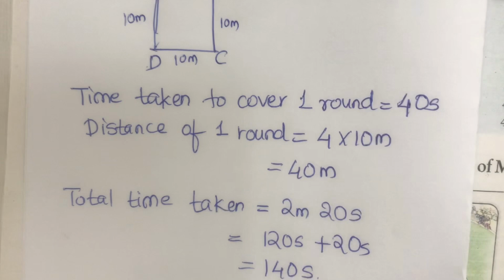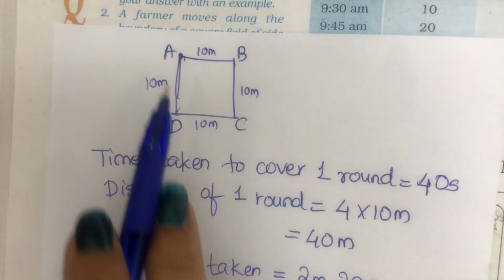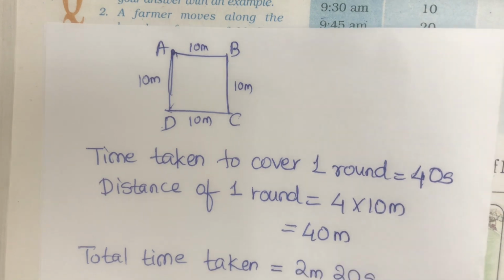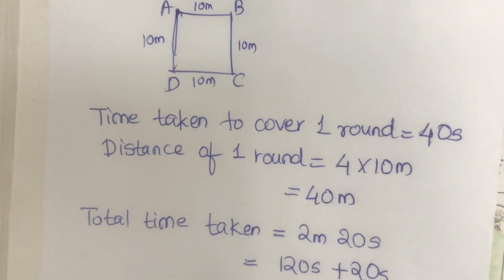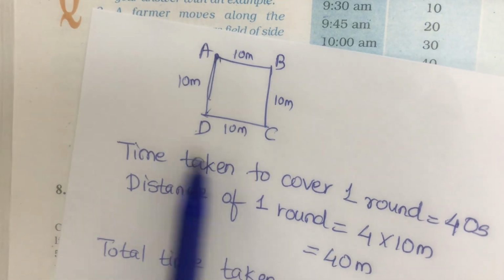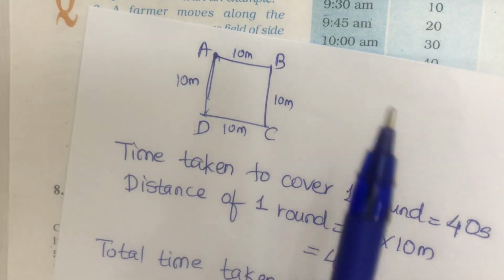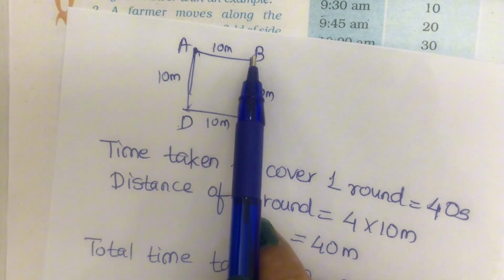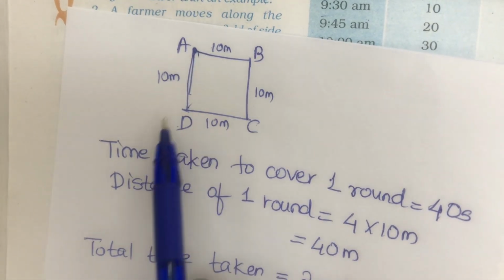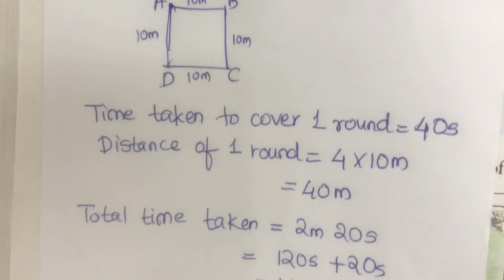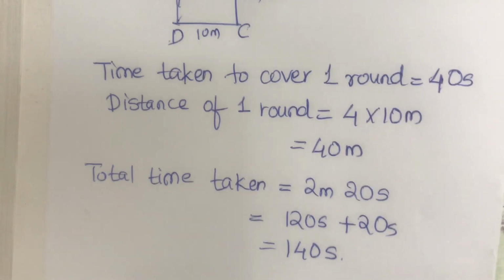So the total time taken by the farmer is 140 seconds. The farmer started from here and is moving, and he reached somewhere in the field in 140 seconds. It can be here, it can be here, anywhere. So now we have to find the position of the farmer at 140 seconds.